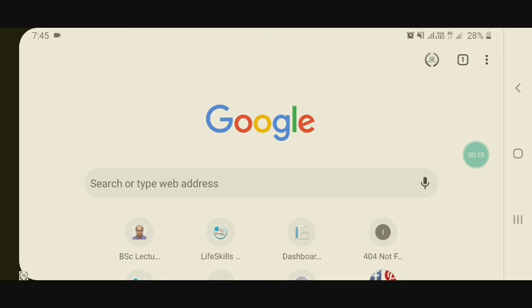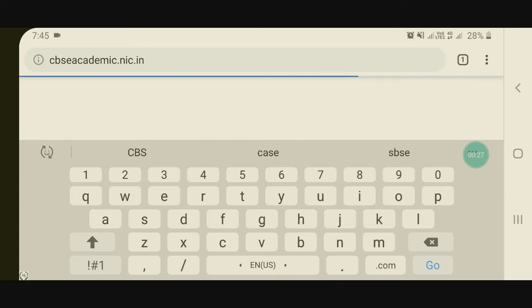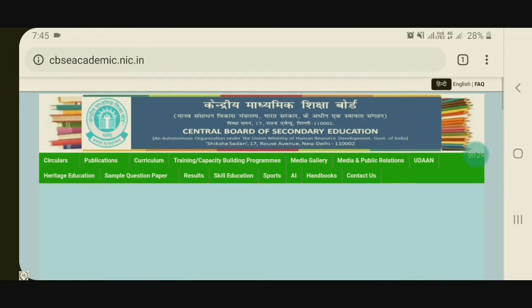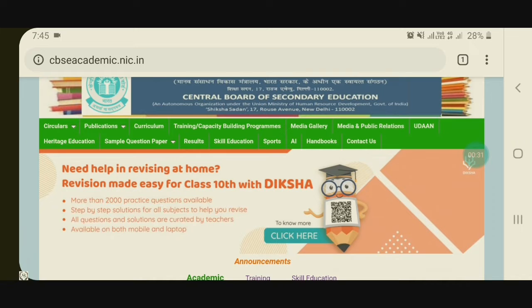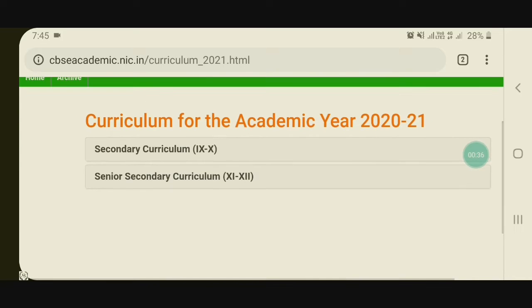First, to access that syllabus, you should go through the website cbseacademics.nic.in, and there you can go through the option curriculum, in which you can access the senior secondary curriculum.